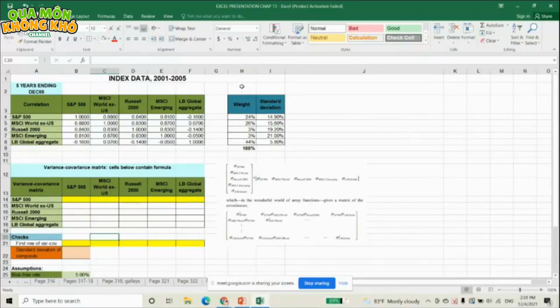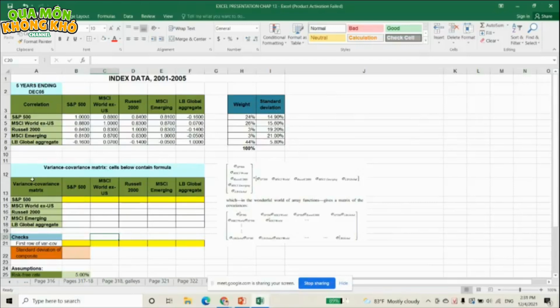Column H gives the value weight of each index in a composite portfolio as of the end of December 2005. Column I gives the standard deviation of its index components.